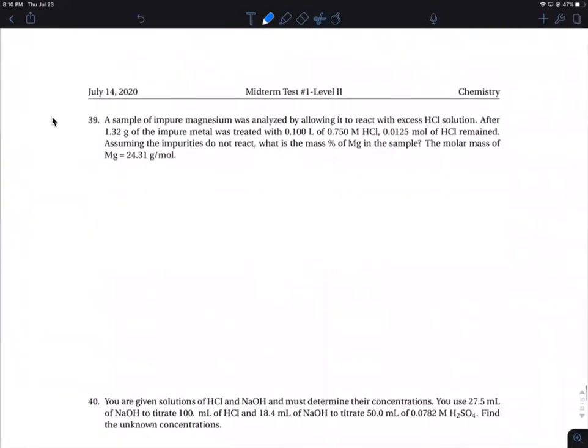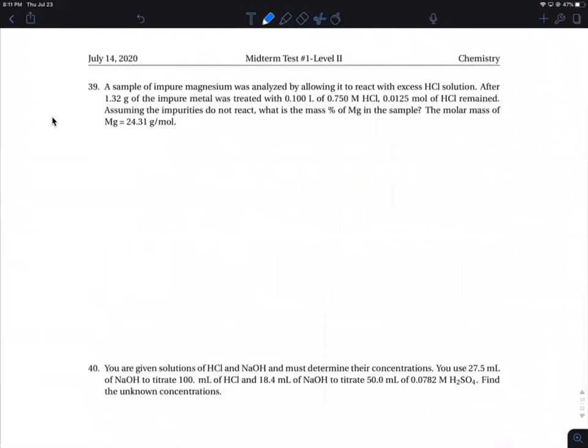And now for number 39. Okay, so we know that solid magnesium is reacting with HCl solution to produce MgCl2 and H2 gas.